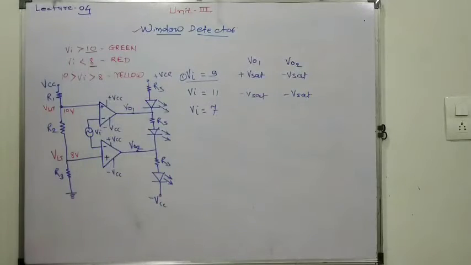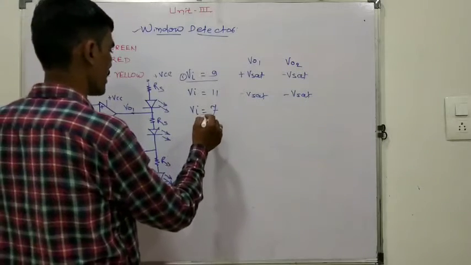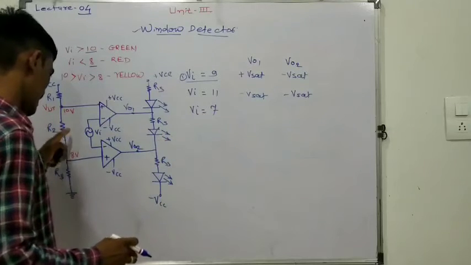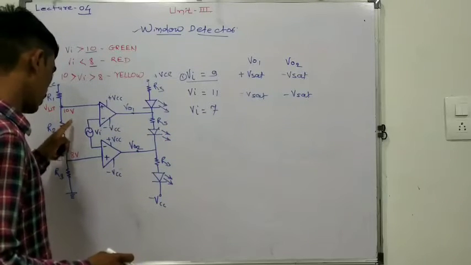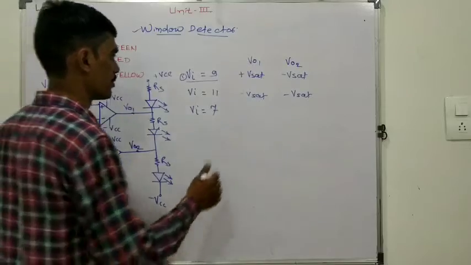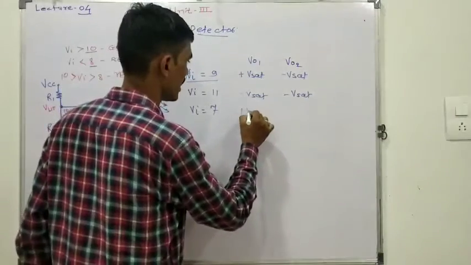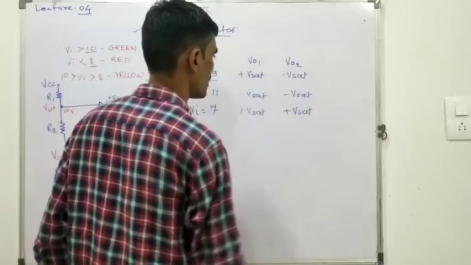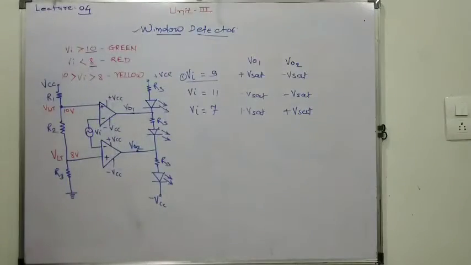So for this condition we are getting a minus VSAT as an output of the first and second amplifier. Again, third condition, if VI equals 7, it is less than 10 volt and less than 8 volt. So definitely if it is less than, then we are getting plus VSAT here also, and here also plus VSAT. So these are the conditions.